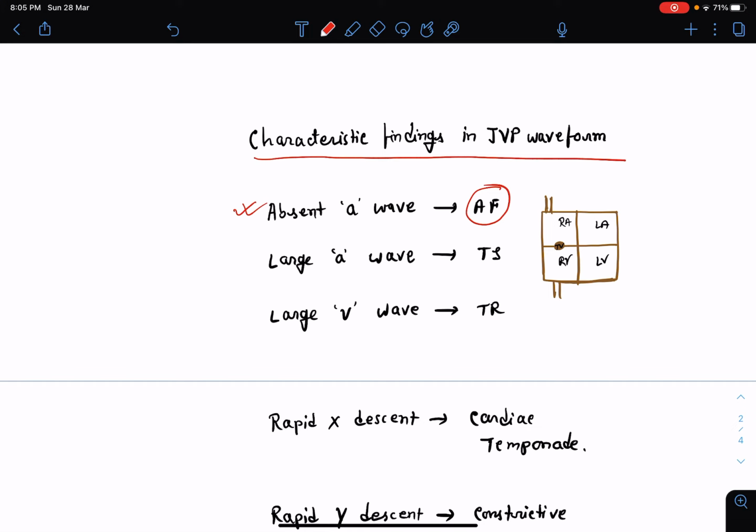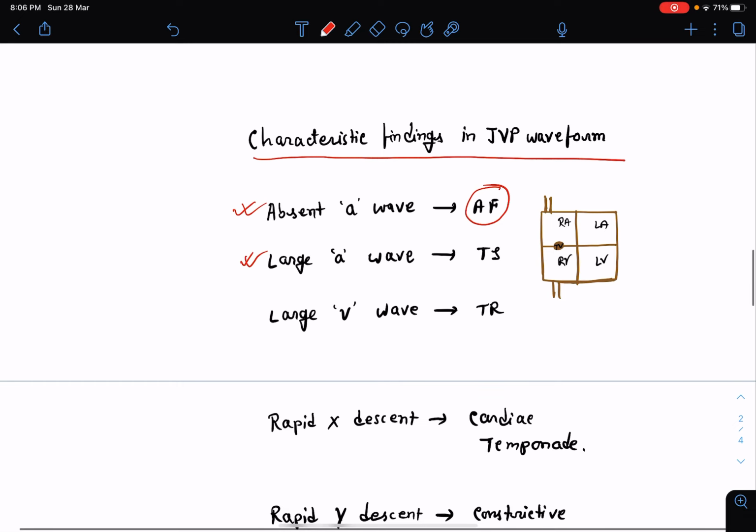But in case of atrial fibrillation, the atria is unable to contract in a coordinated way, and there is almost no definite contraction of the right atria, and because of this there will be absence of the A wave.